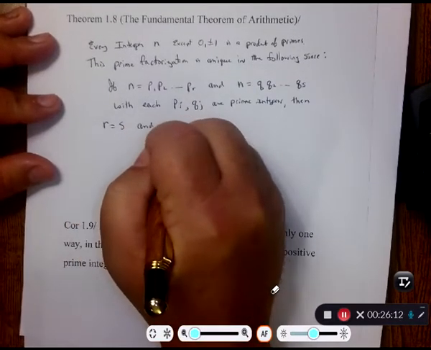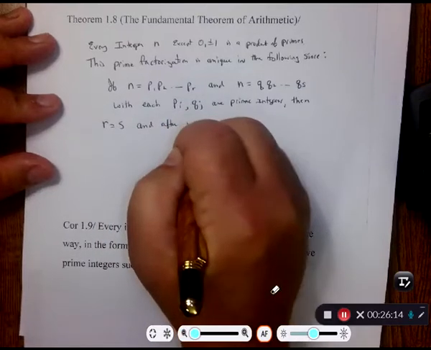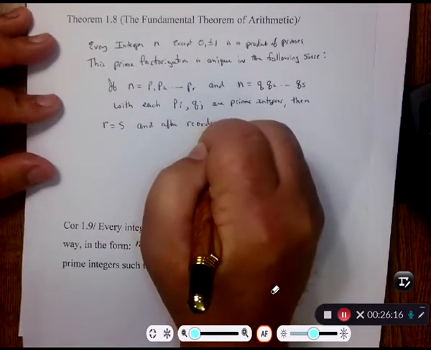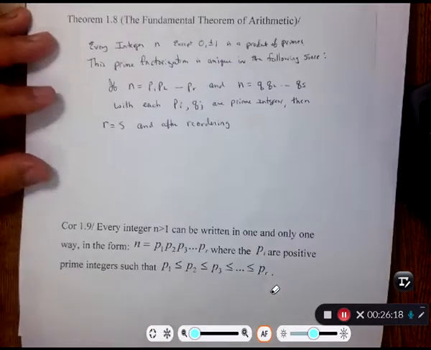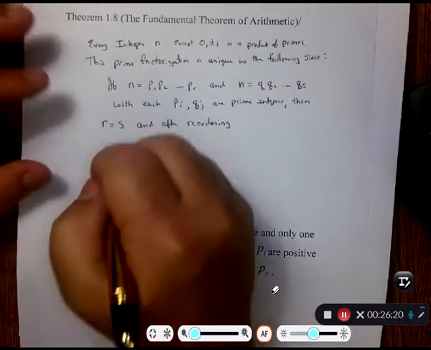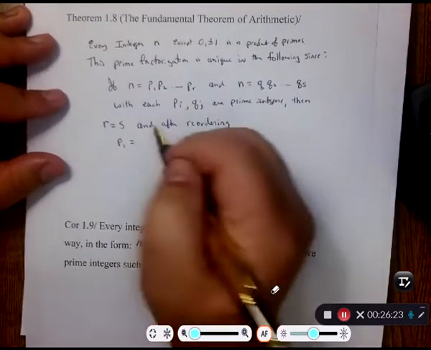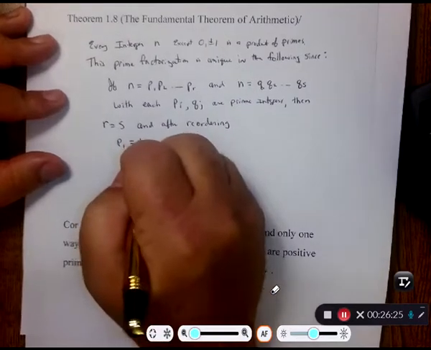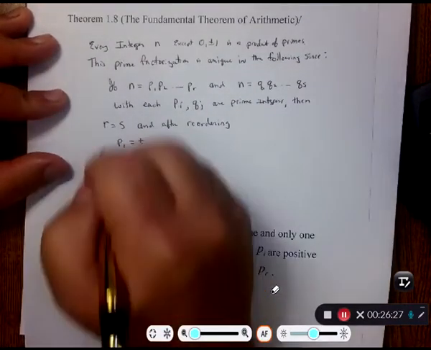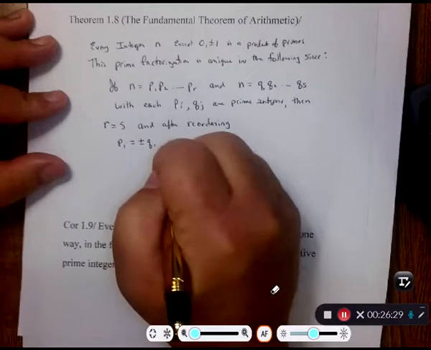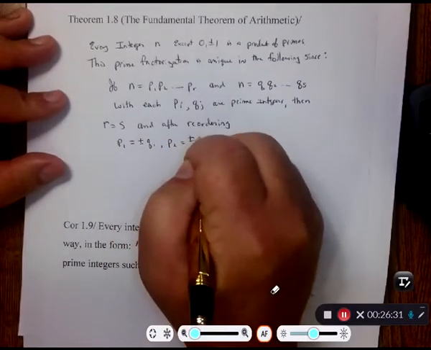And after reordering, P1 would be equal to, because they're prime, plus or minus, we have the positive or negative prime, Q1. P2 would be equal to plus or minus Q2.